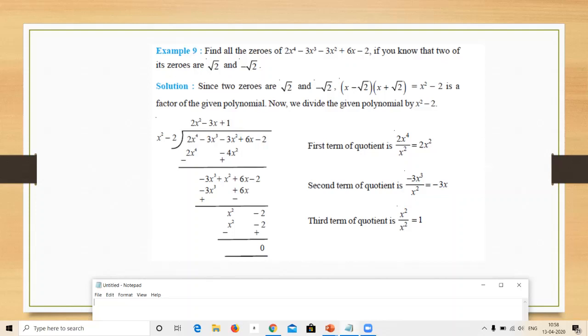Ma'am, x is equal to 1 by 2 and x is equal to 1. Yes, 1 by 2 and 1.